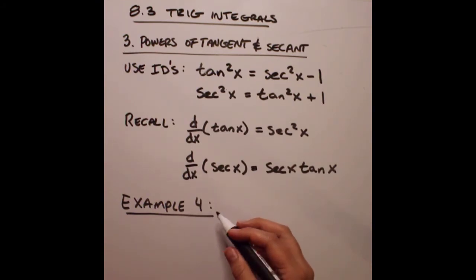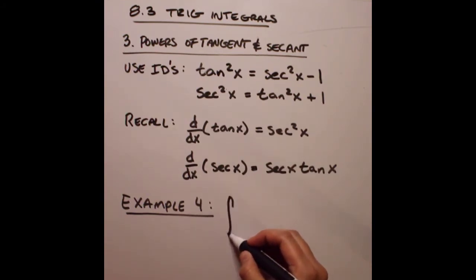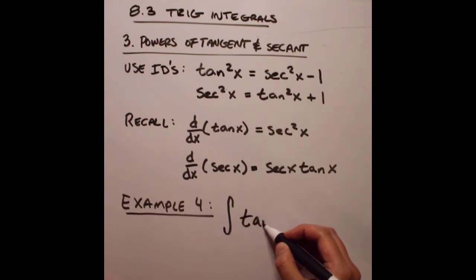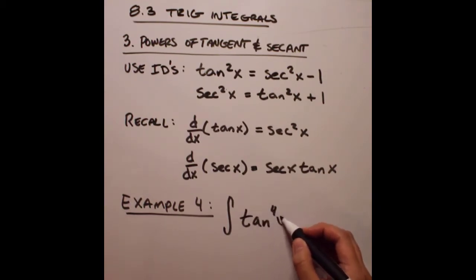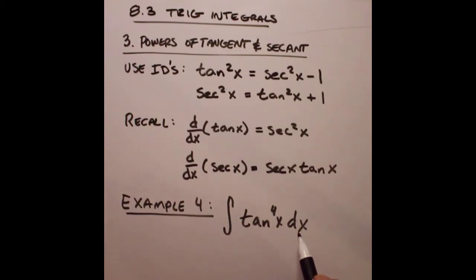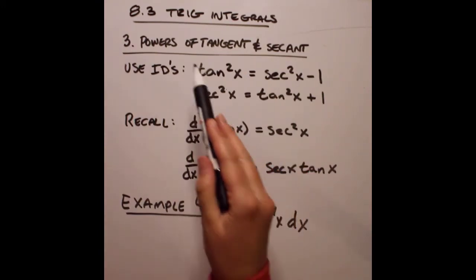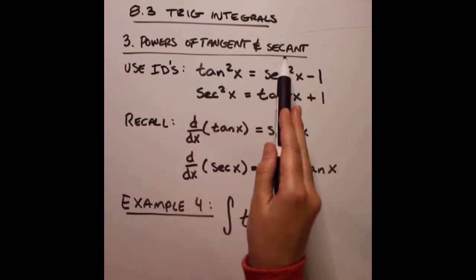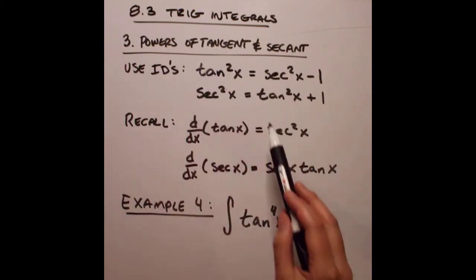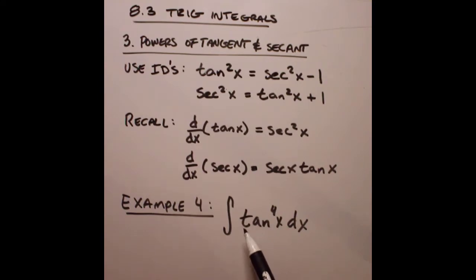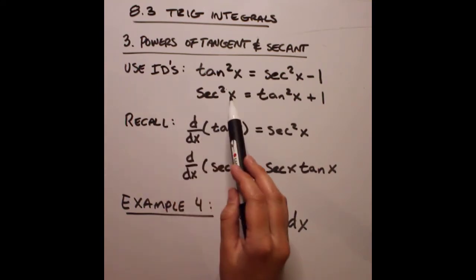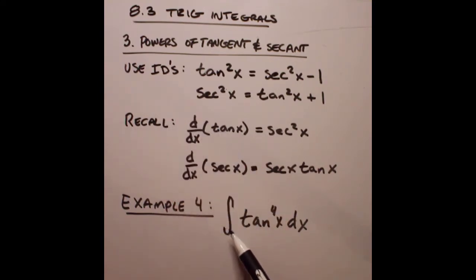So example 4, what we're going to jump into is integrating tangent to the 4th power of x dx. The steps are not always like 1, 2, 3, 4 in these types of problems, integrals with powers of tangent and secant. You kind of have to look at what you're working with. For this first example, I want to leave these identities here because I want you to see what we're going to end up working with.